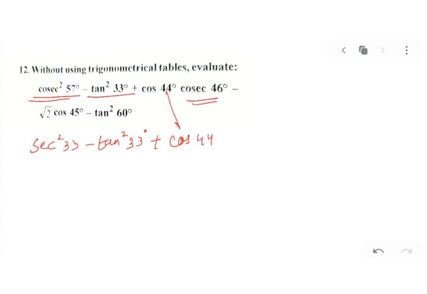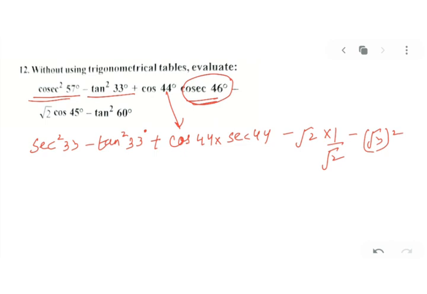The first cos 44 as it is, and in place of cosec I am writing sec, I am so sorry, I am writing sec 44, minus root 2 cos 45 degree. We know cos 45 degree is 1 by root 2, so I'll multiply 1 by root 2. Minus tan square 60. I know tan 60 value is root 3 and its square.